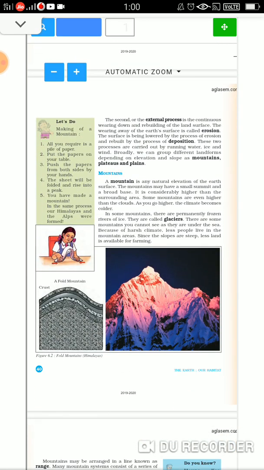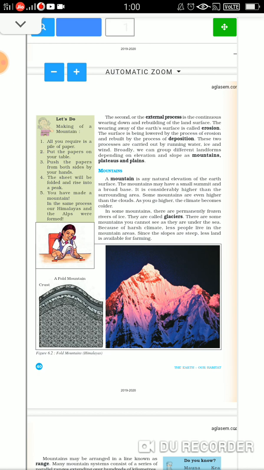And when the surface is lowered by erosion and then rebuilt, that process is deposition. These two processes can be carried out by running water, ice and wind.